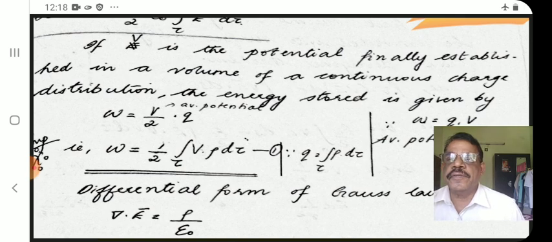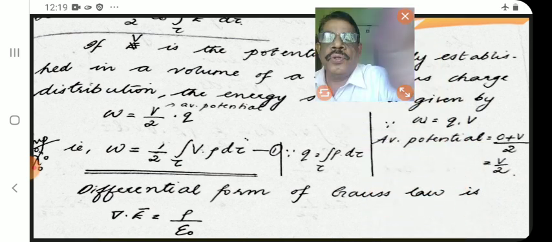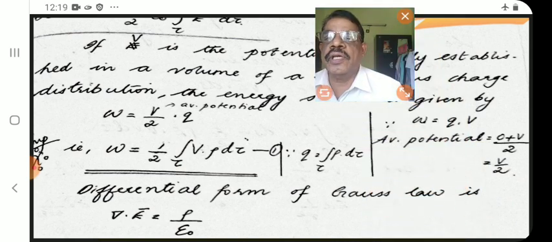Therefore we can write W is equal to half integral V rho d tau, because rho is the volume charge density, so integral rho d tau is Q. So in the place of Q we put the volume integral of rho d tau, and in the place of potential we write V by 2.